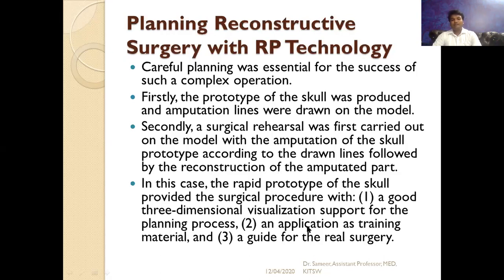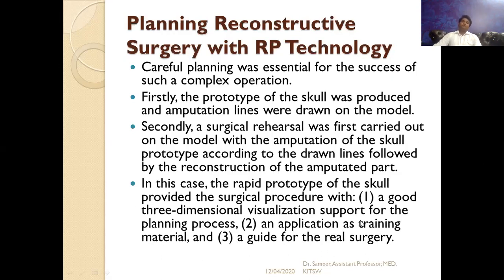In this case, the rapid prototype of the skull provided the surgical procedure with: 1. A good 3-dimensional visualization support for the planning process. 2. An application as training material. 3. A guide for the real surgery.